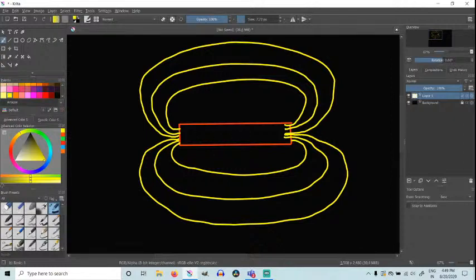Now a magnetic field has both magnitude as well as direction. We say that these magnetic fields emerge from the north and they culminate or end at the south pole of a magnet. And you can see that no 2 field lines are intersecting.